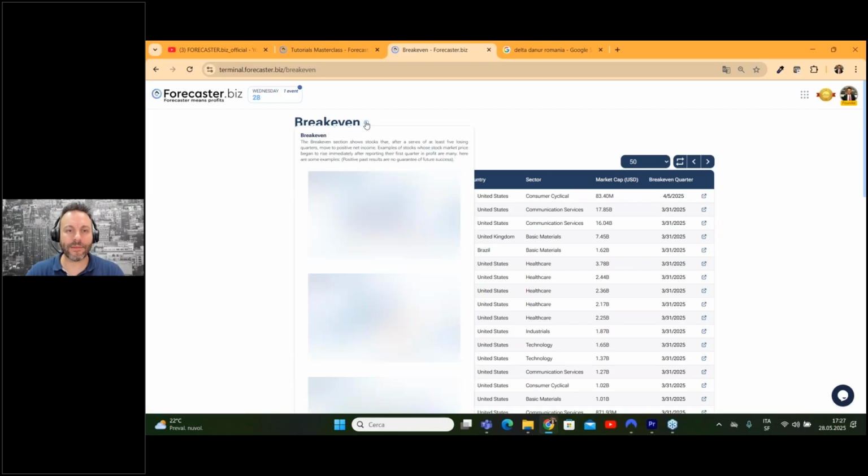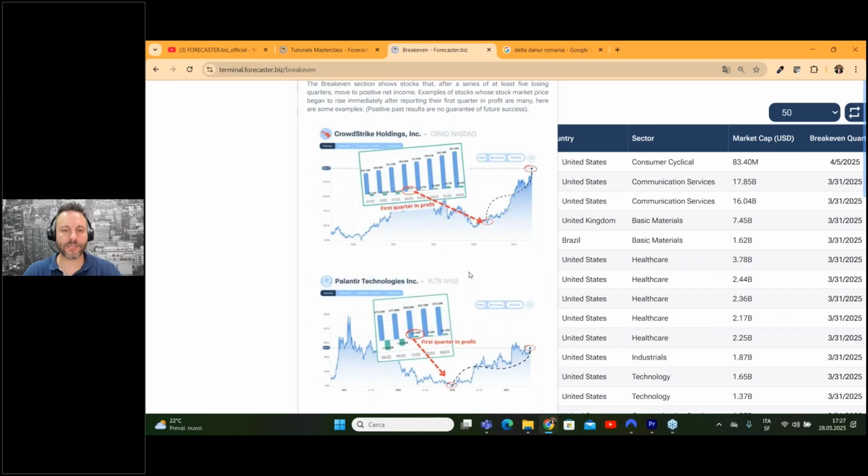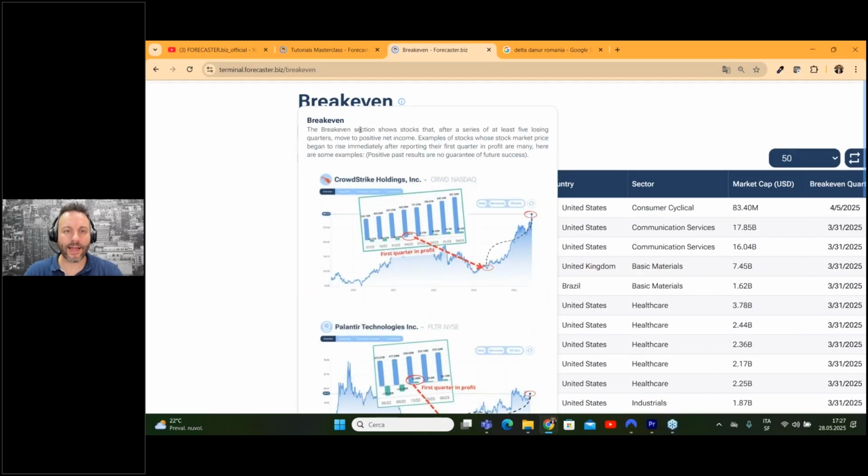In the break-even page, as you can see, as always from the explanation, you can find the stocks that, after a series of at least 5 losing quarters, move to positive net income.